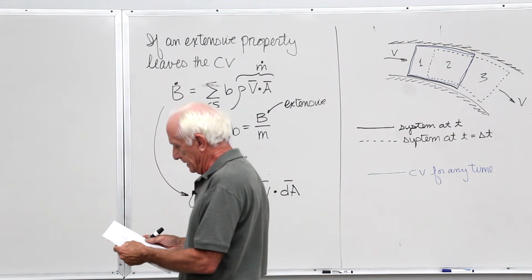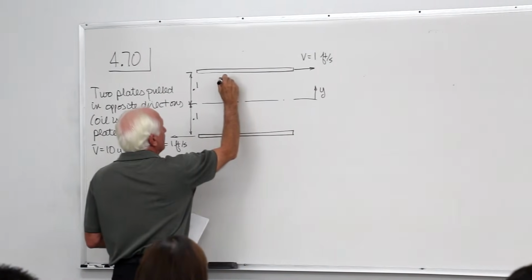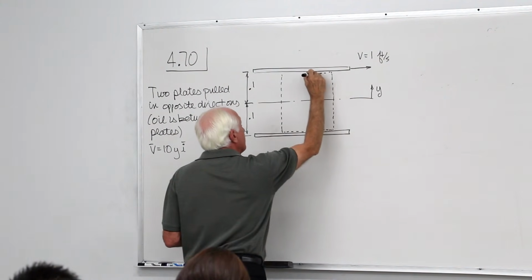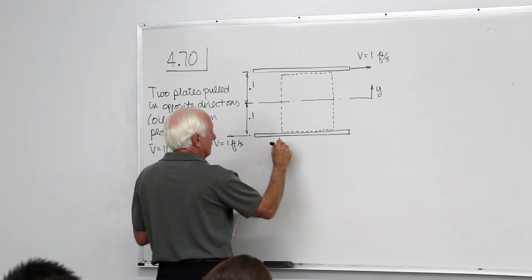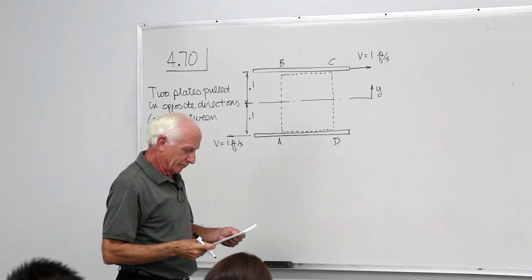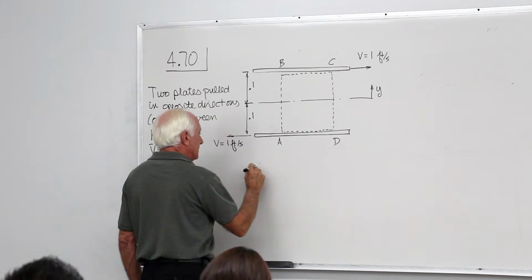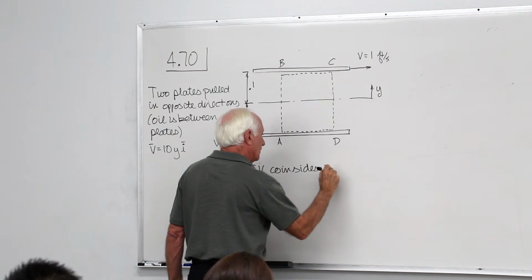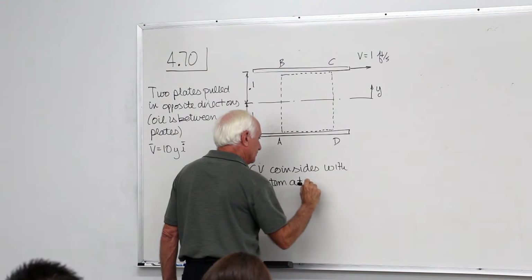Fixed control volume, A, B, C, D, with 2/10 and 2/10. Okay, fixed control volume. This shows the control volume coincides with the system at t equals 0.